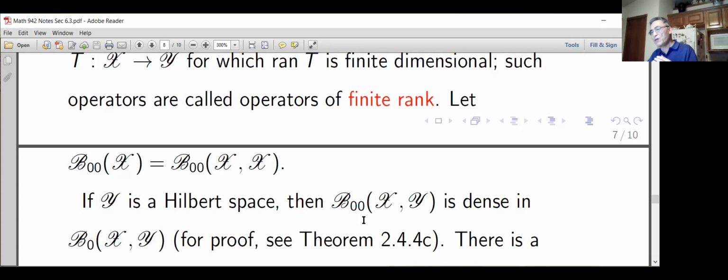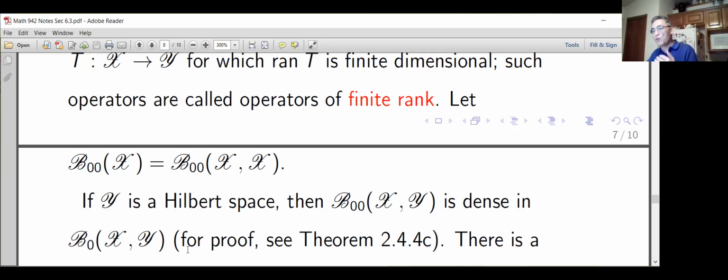It's separable because the image of the unit ball is totally bounded, so it has an epsilon net for every epsilon. You take these points, finitely many for each epsilon, and take them together, you get a countable dense subset.